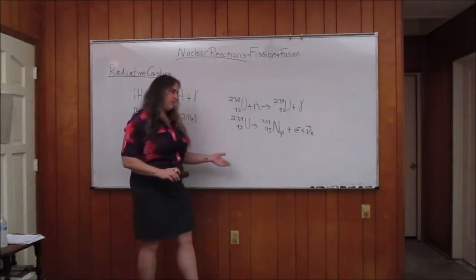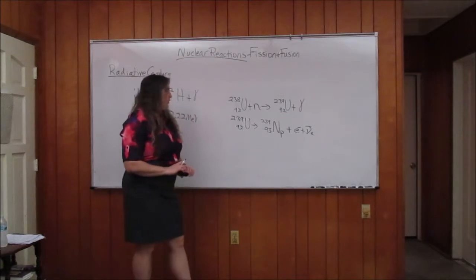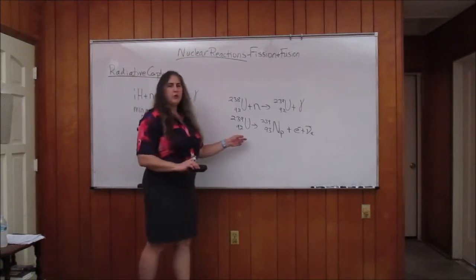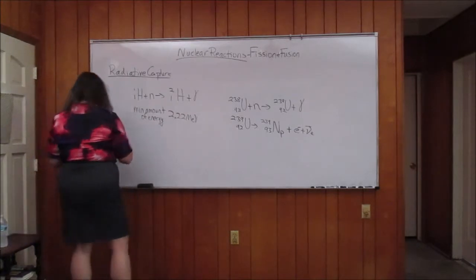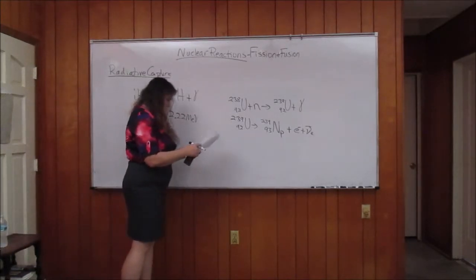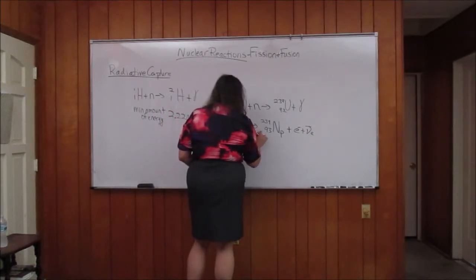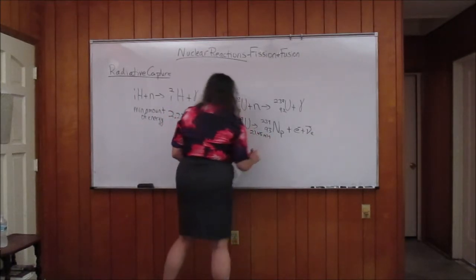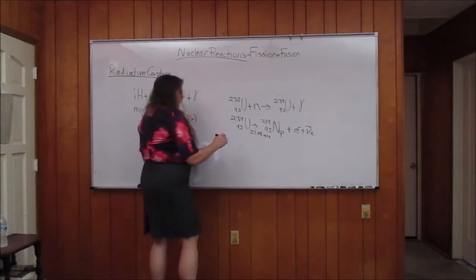This is beta decay, an electron will be emitted and also an electron antineutrino. Well, the half-life of uranium-239 is pretty short. It's about 23.45 minutes. So this process won't take long to happen, on a human scale, I should say.